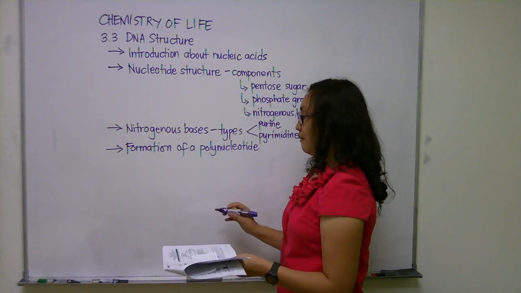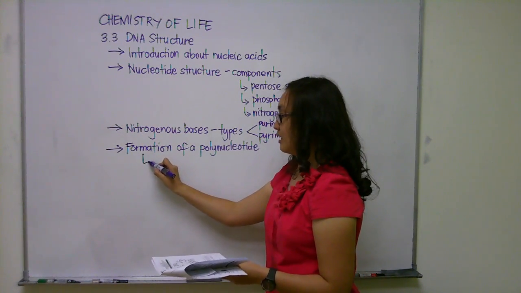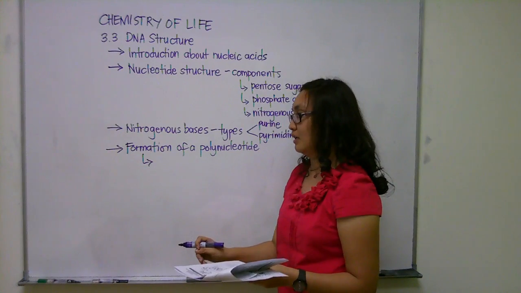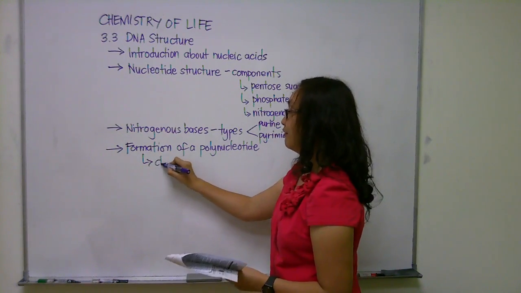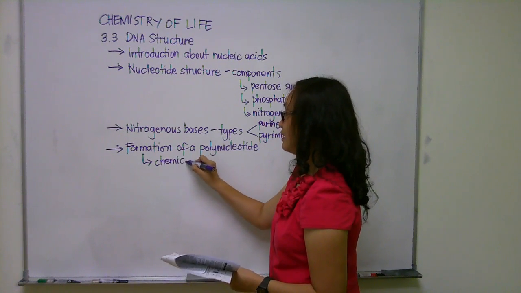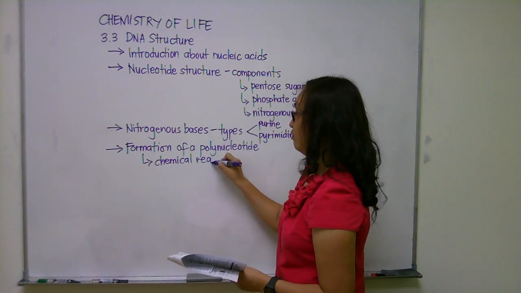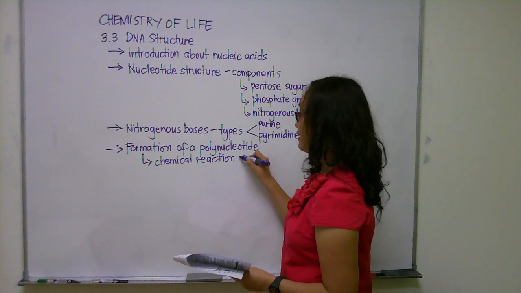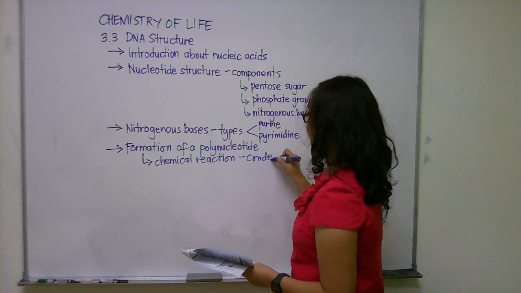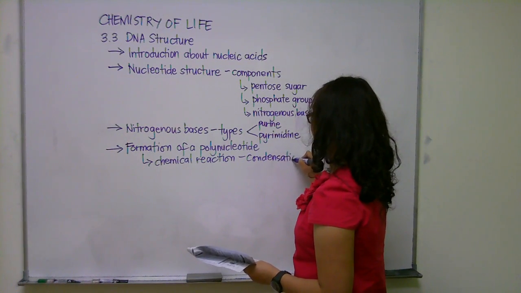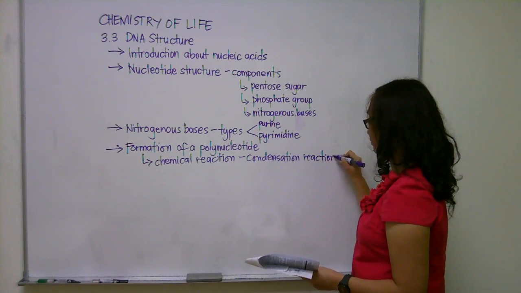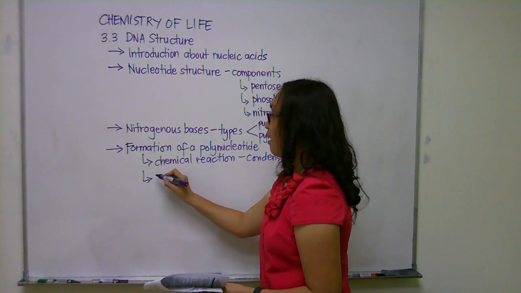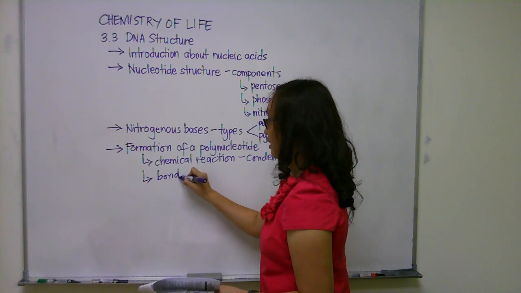So in a polynucleotide, the things that need to be elaborated on are the chemical reactions involved in the process. This includes the condensation reaction and the bonds that are formed.